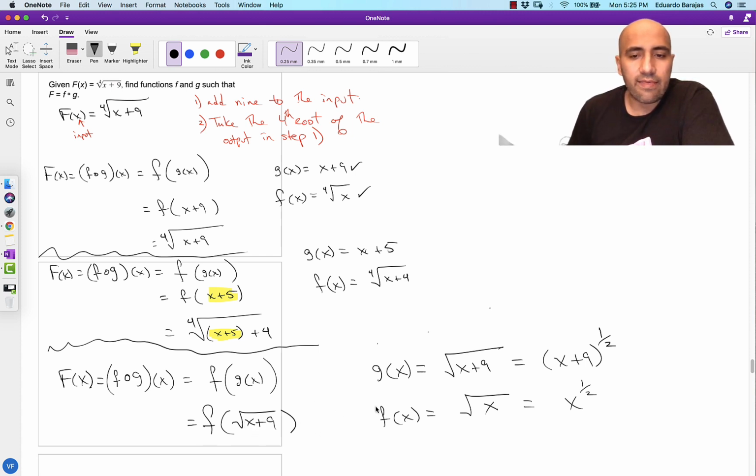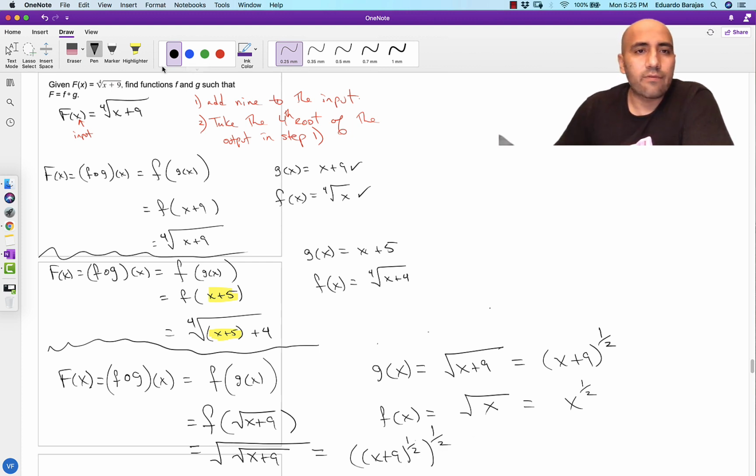And then when we plug that into this guy, this will be equal to the square root of x plus 9, which is equal to x plus 9 to the power of 1/2. And then the outer is also equal to the power of 1/2. Remember that this notation is the same thing as raising it to the power of 1/2. We do it once for the outside one, and we do it again for this inside one.